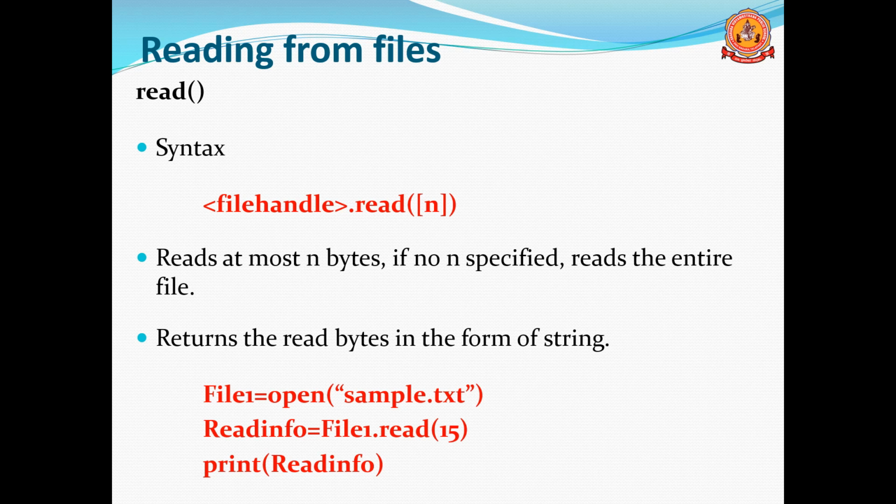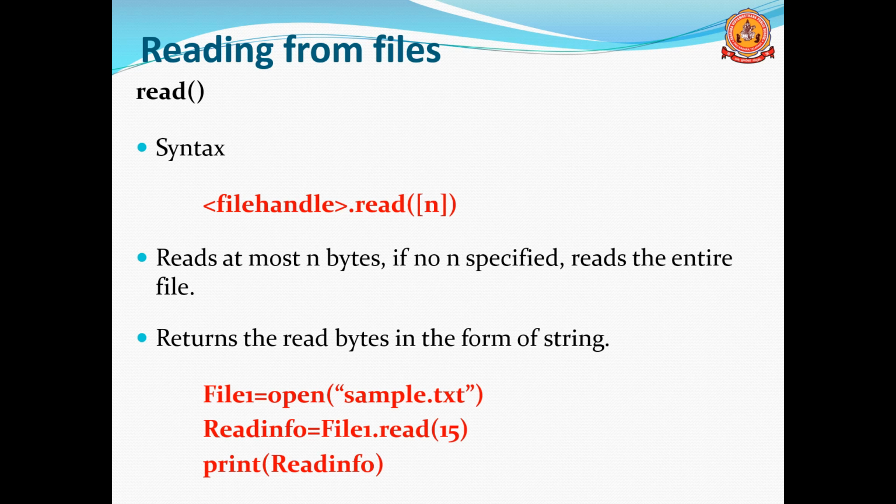So we are opening one file, sample.txt. Whenever you provide only sample.txt, it will search only in the current working directory. We have not provided any mode, so the file will automatically open in read mode.